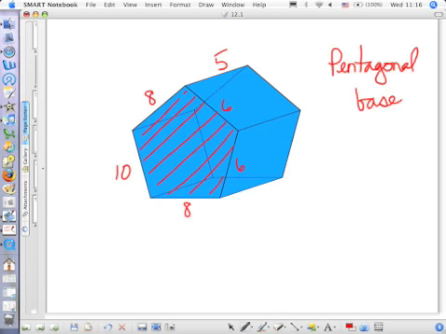It is a prism. We could more accurately call it a pentagonal prism because the base is a pentagon. And if we wanted to find the lateral area of this specific prism, we would find the perimeter of a pentagon, and we would multiply that by the height of the whole object.